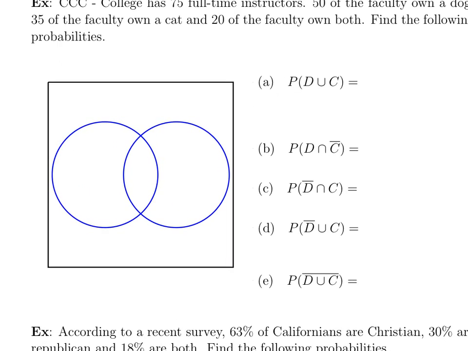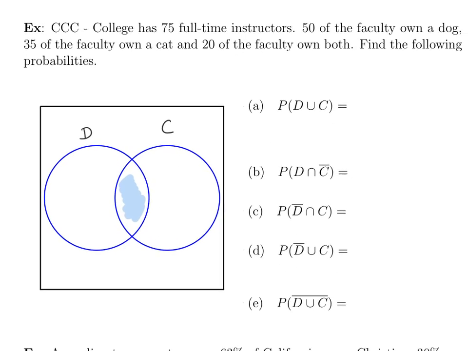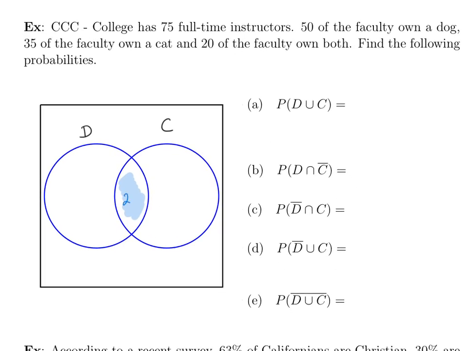Let's say that this represents the dogs, this the cats. I told you you should complete this part first, which is what they have in common. The problem is telling you that 20 of them own a cat and a dog.